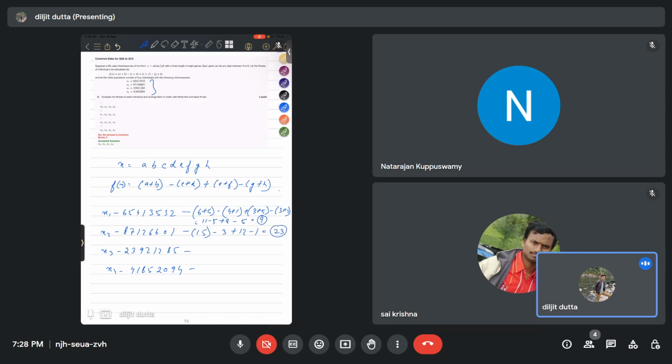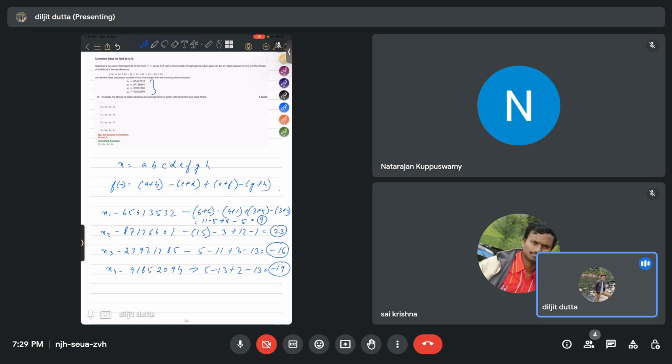For this one, 2 plus 3 is 5, 11 plus 3, 5 plus 3 is 8, 8 minus 24 is minus 16. And for the last one, 5 minus 13 plus 2 minus 13, 7 minus 26 is minus 19.